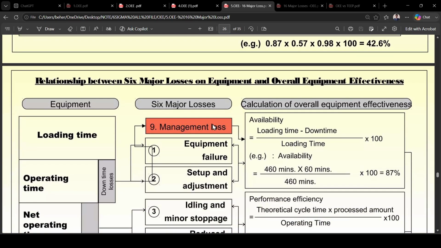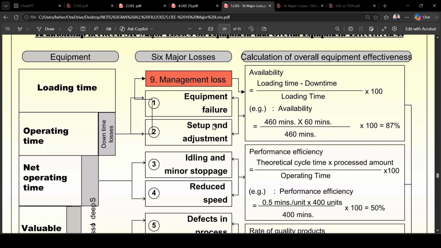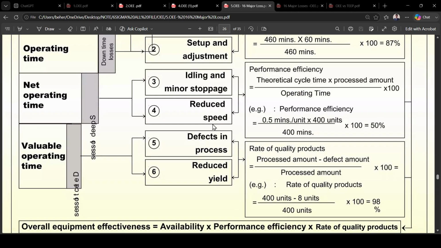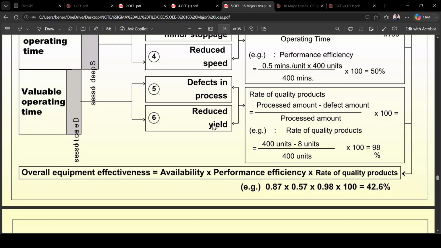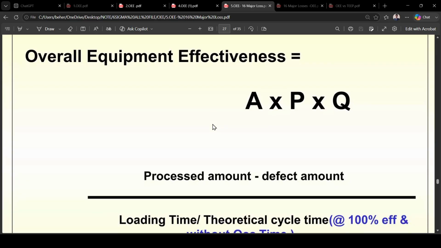And this is the six major losses. Same thing, you can understand that one by one. And overall equipment effectiveness.